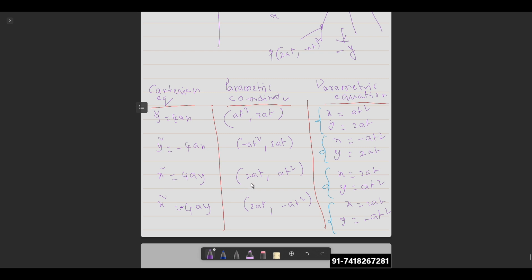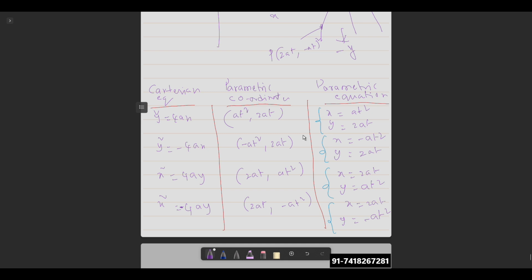For x square is equal to 4ay, it will be the reverse of this, 2at, at square. And if you have x square is equal to minus 4ay, the y coordinate becomes minus at square. Same for these equations, so it is very well understood. So if you have a problem very similar to this, and you have the corresponding parametric coordinates and parametric equations, it is very simple. You need to see that the square root gives a real value, that is the main objective.